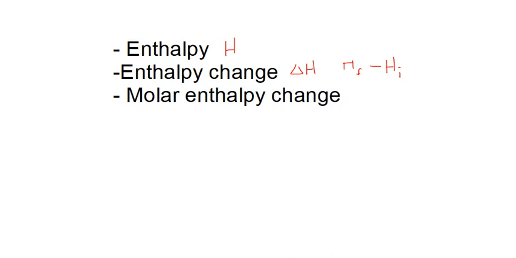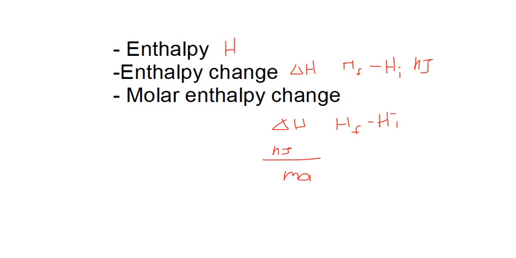And molar enthalpy change is also going to be delta H, and it means the same thing, except it refers to when 1 mole of substance goes under a reaction. So it's a bit different, whereas it's going to be kilojoules per mole, this one is going to be just kilojoules.